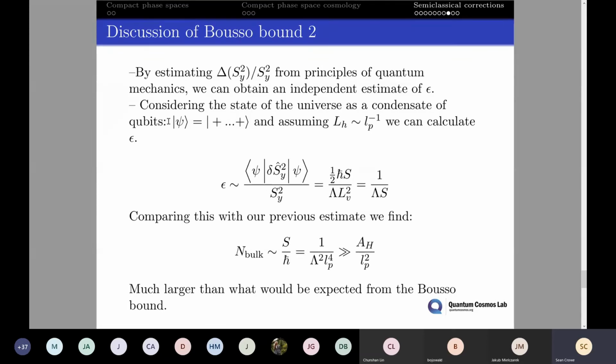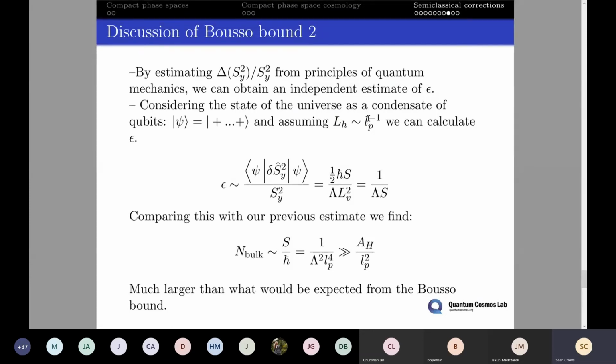Let's say we're in a condensate state where all the qubits are pointing upwards. That's a reasonable assumption just for a rough calculation. Furthermore, we assume this compactification scale for the Hubble parameter is like the inverse Planck length. This is something we get from loop quantum cosmology, for instance. That's an assumption we're working with.